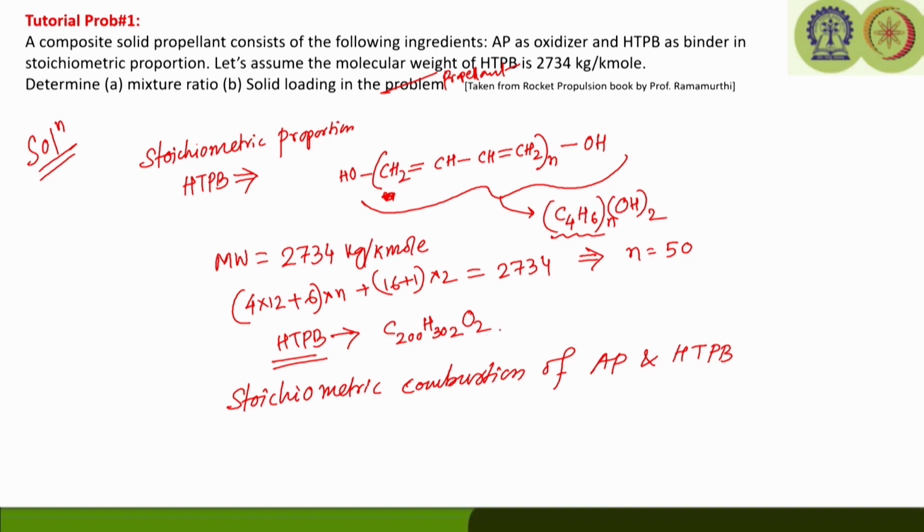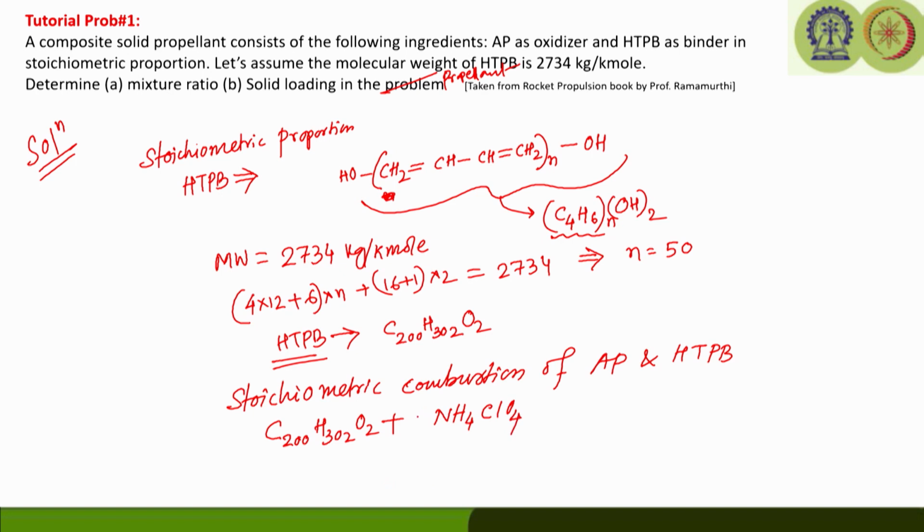And of course, the nitrogen present in the AP molecule will be there. So, the formula for HTPB is C200H302O2 plus AP, which you already know is NH4ClO4.